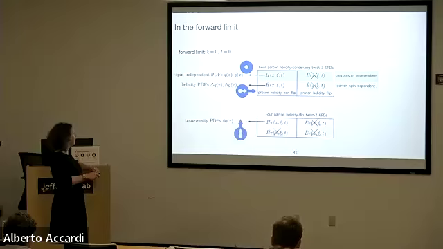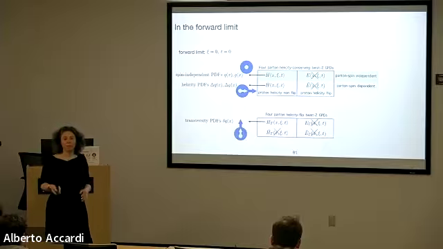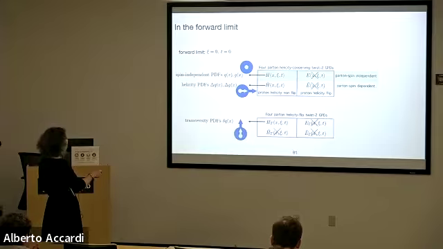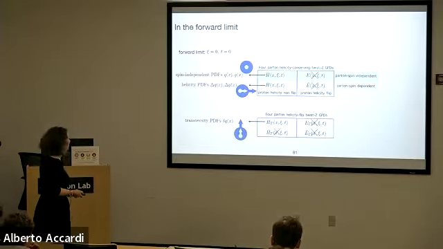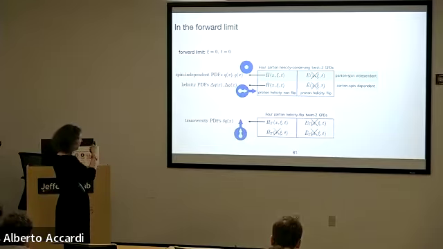And in the forward limit, all these other GPDs just disappear. They're multiplied by a factor which is sensitive, for example, to the momentum transfer. If it's 0, then 0 times your GPD doesn't appear in your cross-section.